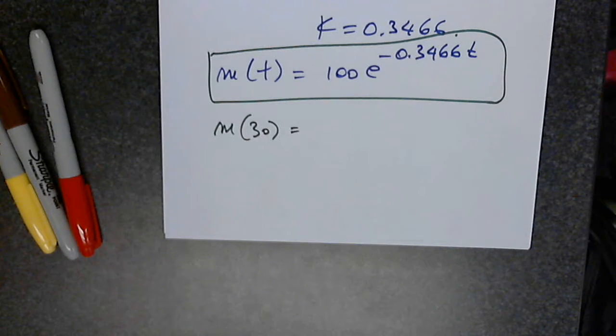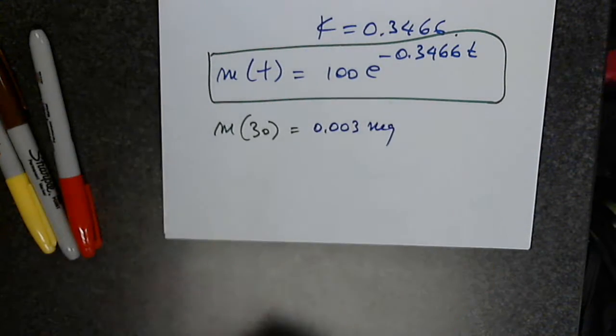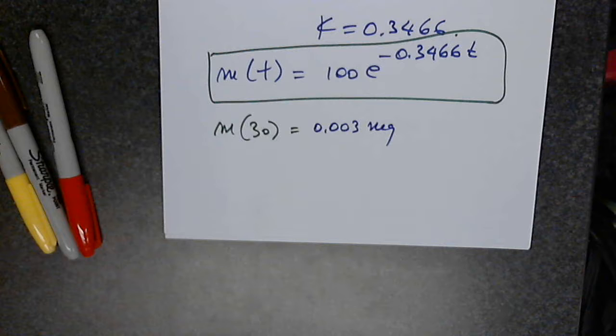I have 100 times e raised to, I like to put parentheses, negative 0.3466, or I can recall this number, that's even better, multiply by 30 and close the parenthesis, and I will have left in 30 years 0.003 milligrams. It's what is left in 30 years.